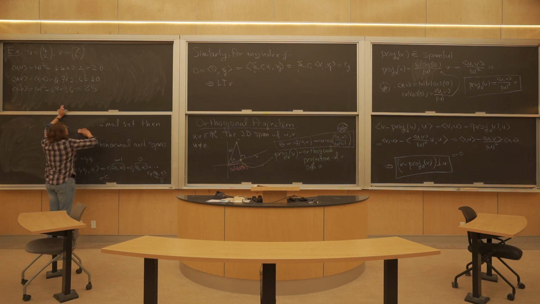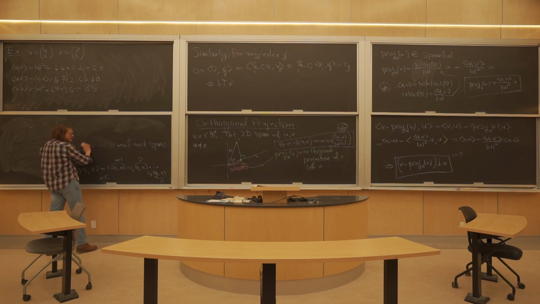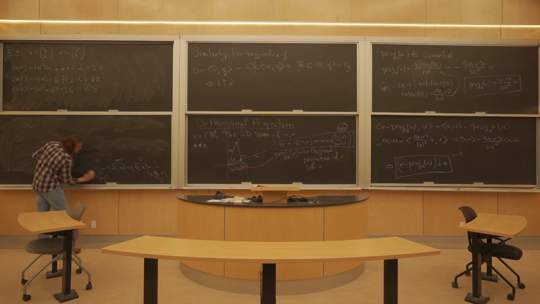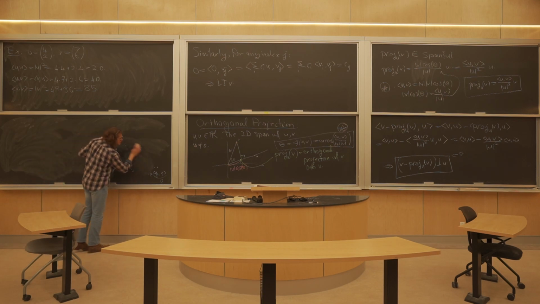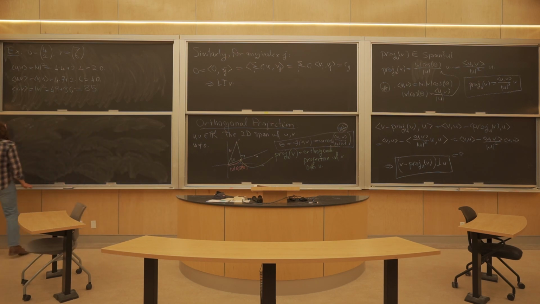Now, we have all these numbers, so all I need to do is to put them in the correct places in the formula. So the orthogonal projection of v to u is u against v divided by u norm squared times u.